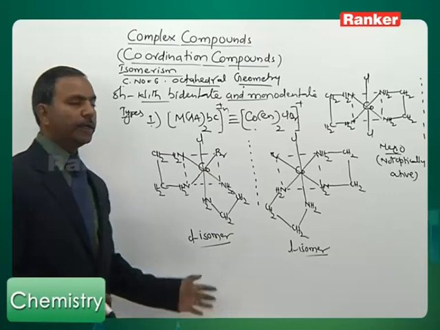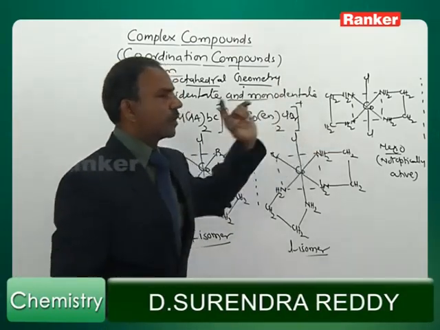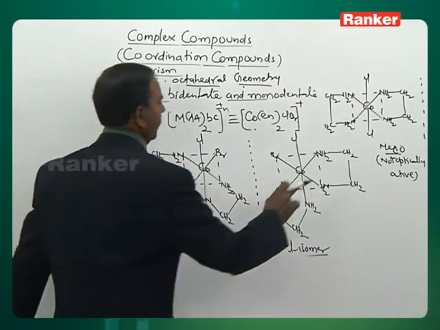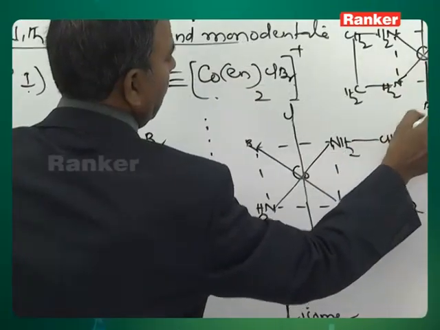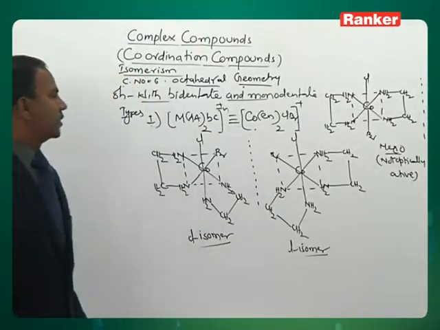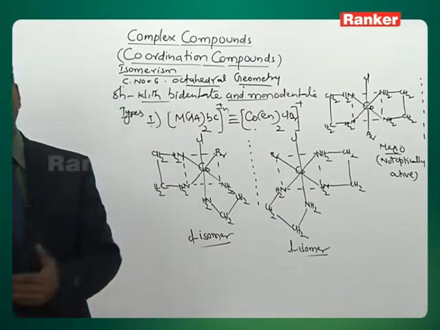This particular complex, D you consider, and that is L. And similarly, if you write the trans, it is again optically inactive. So, like this, M(AA) taken twice B2 and again BC.